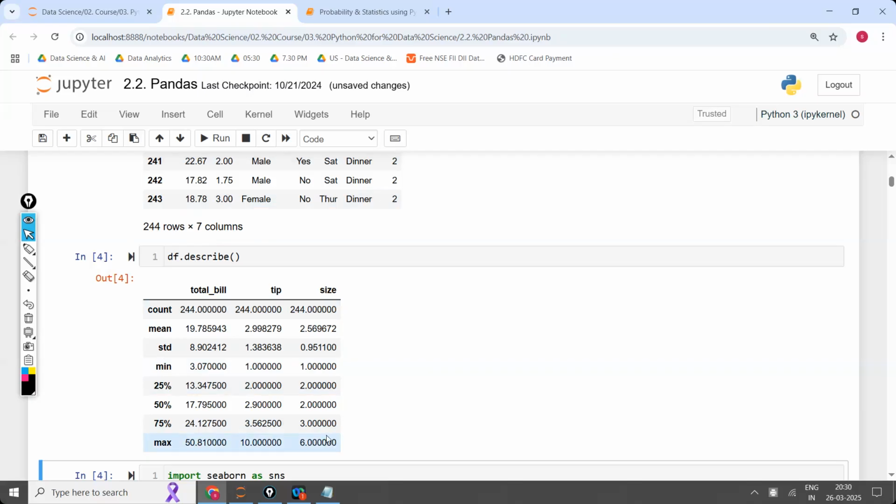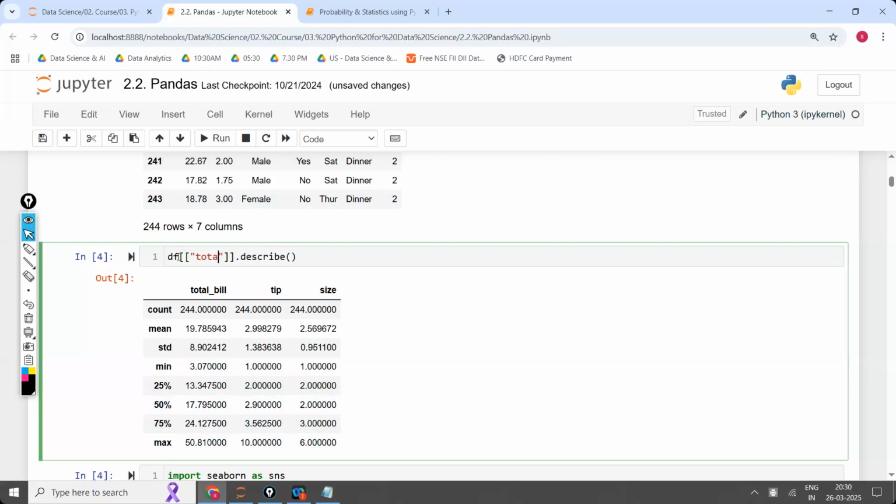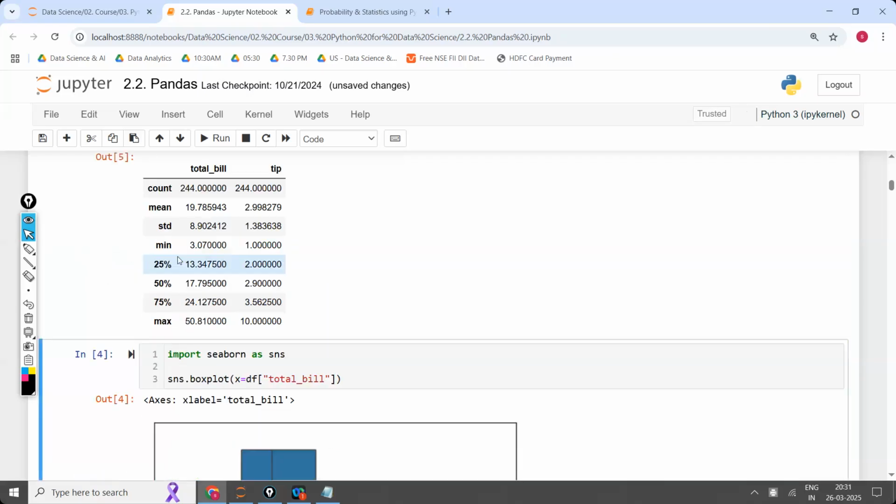You have to apply the logic and write internally to apply only on the total bill column and tip column. Only these two columns you have to write. Only continuous variables you have to select. You should not include the count variables.